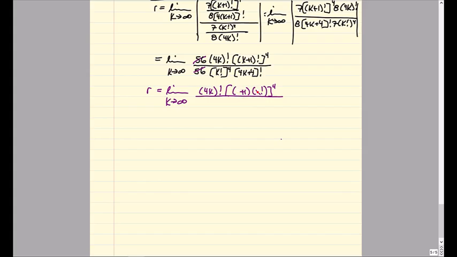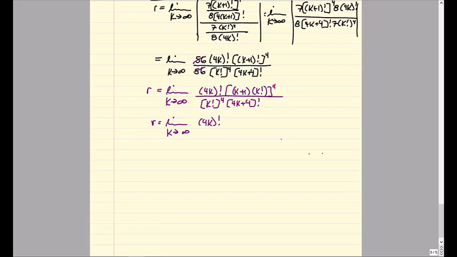I need to be all k's here. So this is k plus 1, k plus 1. And then I have k factorial to the 4th. And then over here, I have (4k plus 4) factorial. So rewriting, this is a good one. I have (4k) factorial, and remember it's quantity factorial, not just the k.